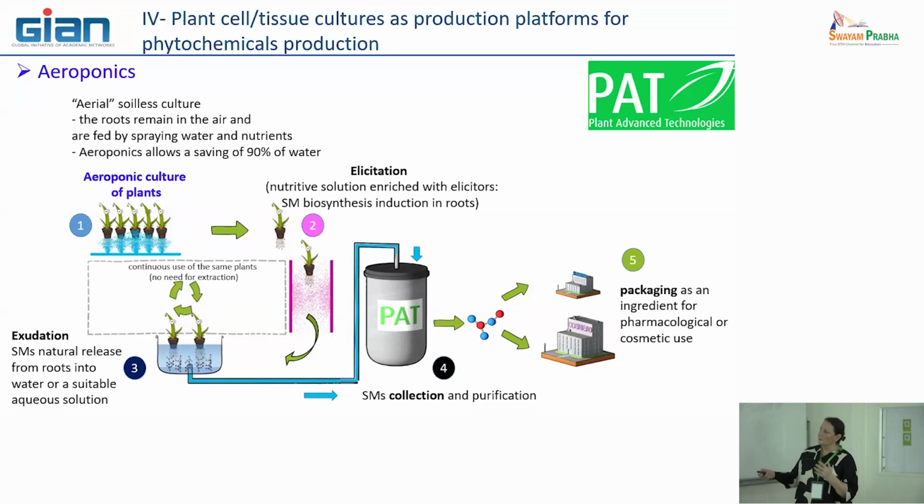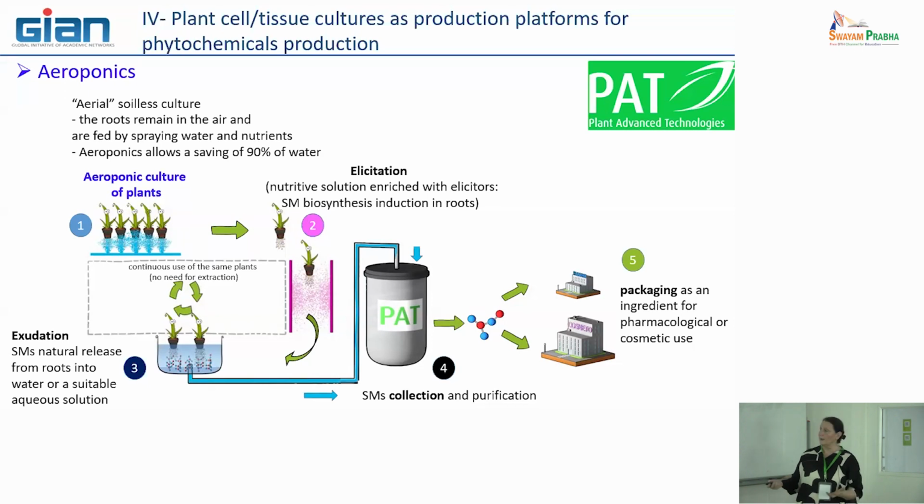And after that, when they have produced the molecule, they are bathed in an aqueous solution, and all the little exudate drops on the roots are mixed with the aqueous solution, and you can collect all the molecules without the necessity to harvest the root biomass.